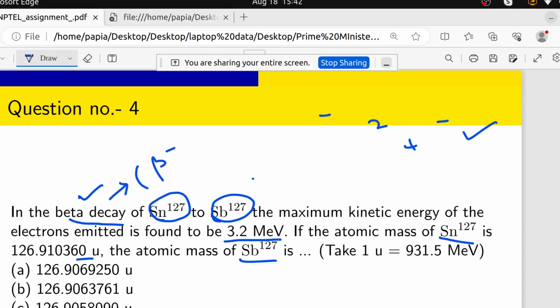Beta decay here means they are asking about beta minus decay, but after some questions we will also do the Q value for beta plus decay. So what will be the general expression for the Q value, so that we can apply it to beta plus, beta minus or electron capture, all of the decays?